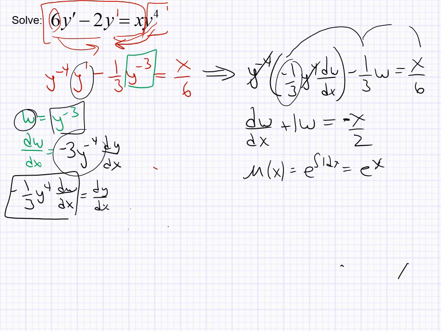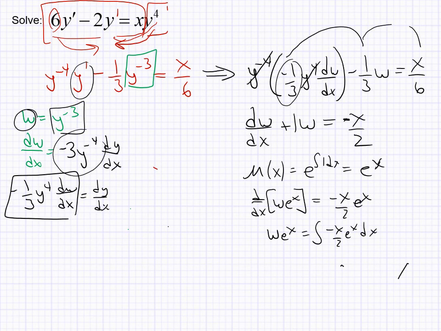So then I get to the point where I have the derivative of w e to the x equals negative x over 2 e to the x. Now I integrate. w e to the x equals the integral of negative x over 2 e to the x dx, again by parts, just like we did in the last example. So u equals negative x over 2, dv equals e to the x dx. So du would equal negative 1/2 dx, and v would be e to the x.